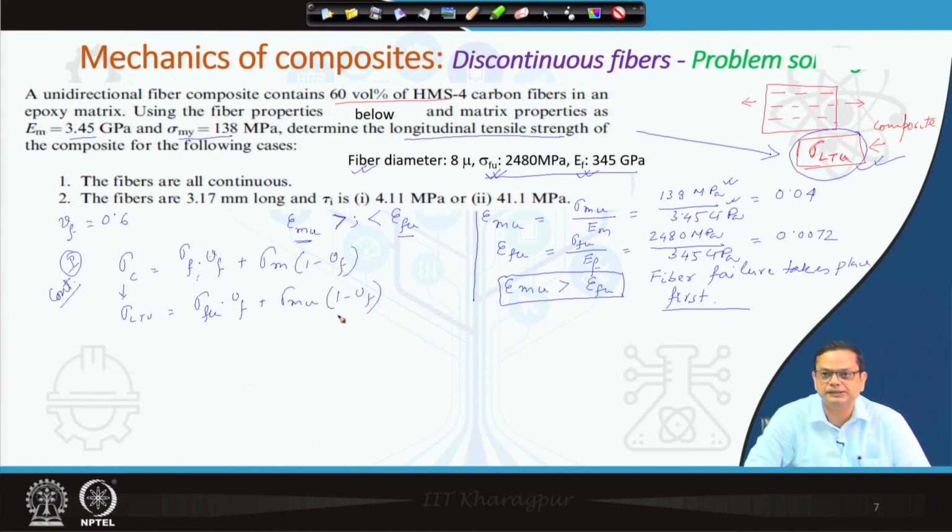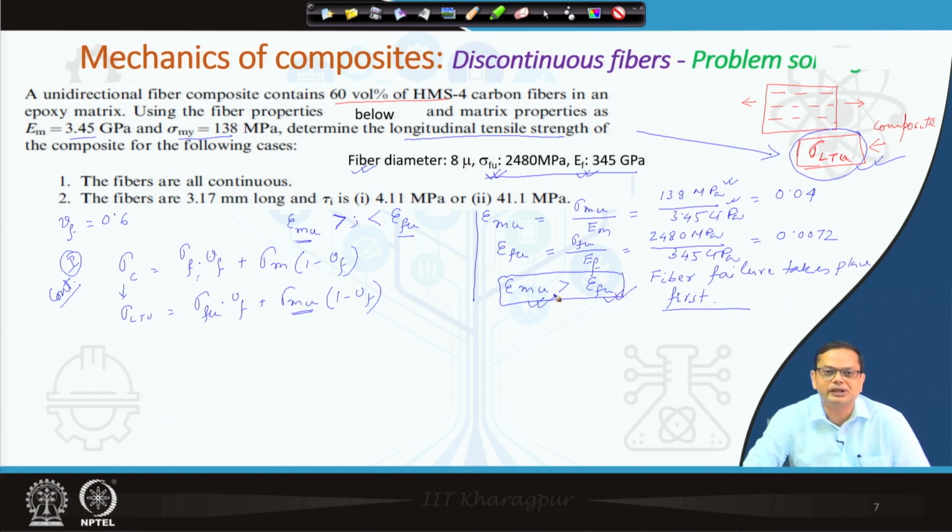Am I correct here, or is there some mistake in this equation? So, you see here it will not be sigma mu. Why? Because if you remember, I have discussed it vividly that when the fiber fails, as you can see from here, the fiber fails earlier than the matrix.